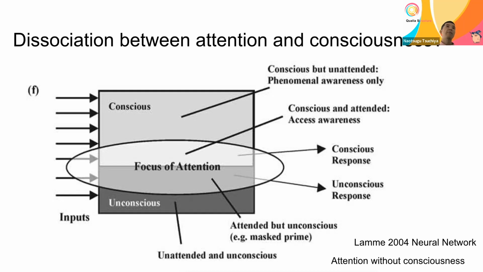Here, some types of stimulus come into the brain, and some of them become conscious, and some of them remain unconscious, where attention can operate on both conscious and also unconscious processing. And then most of them give rise to consciousness and are attended, like here, the conscious and attended part. That's the one that you can freely access and also report.